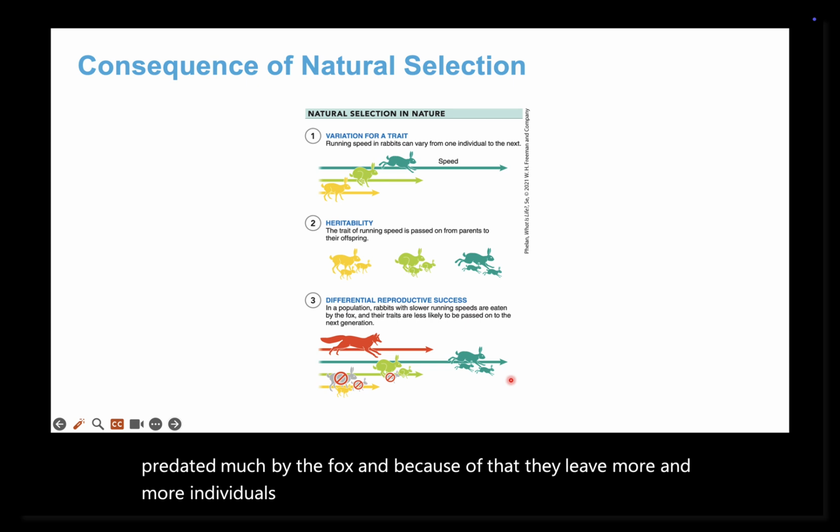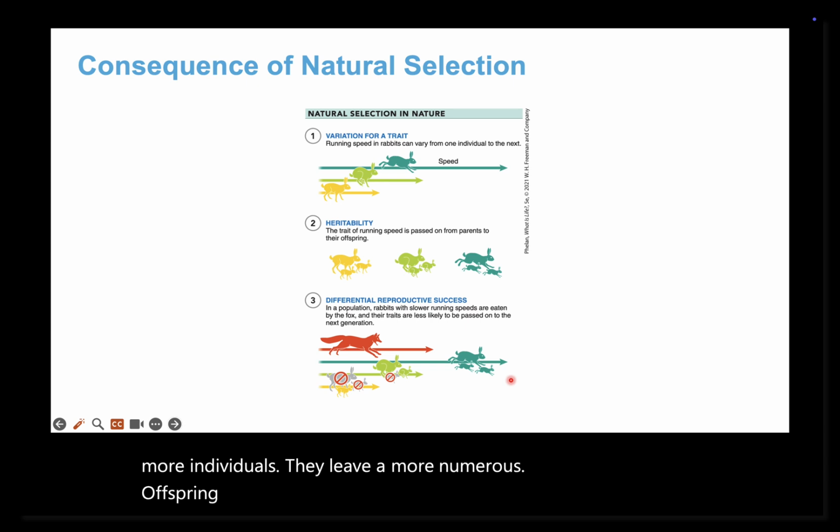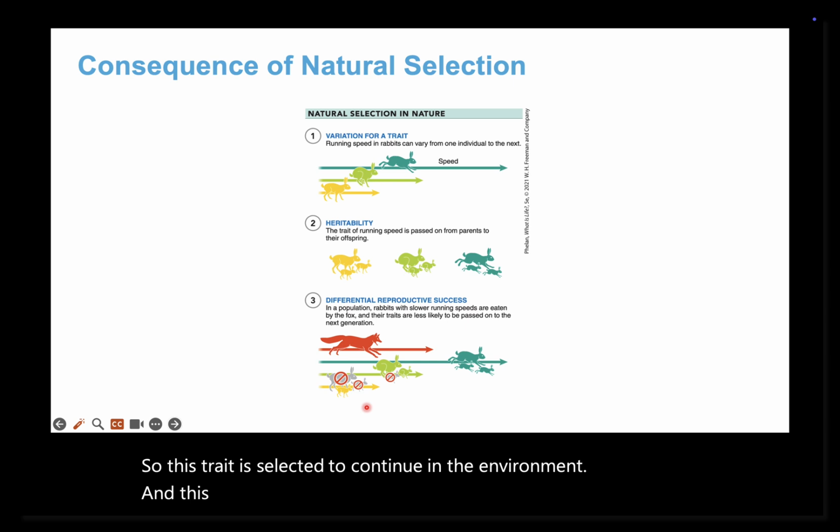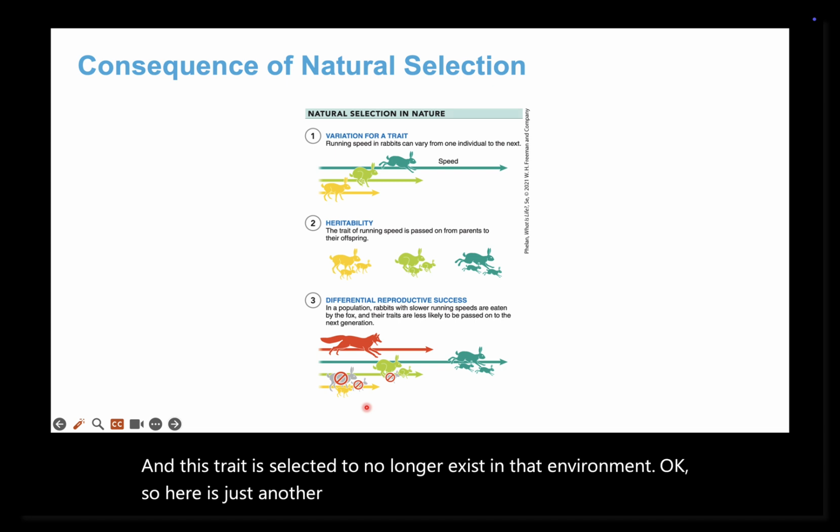They leave a more numerous offspring every generation. So this trait is selected to continue in that environment, and this trait is selected to no longer exist in that environment. Okay?